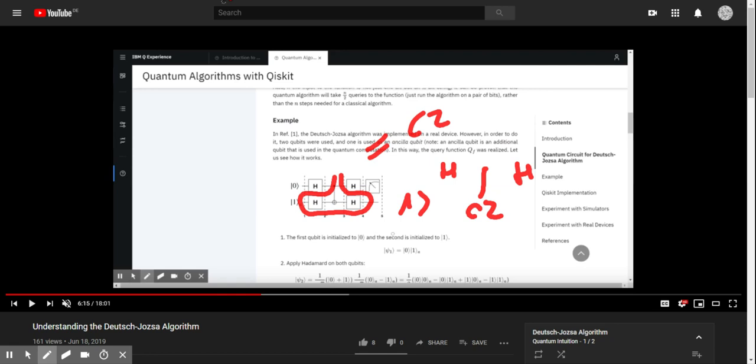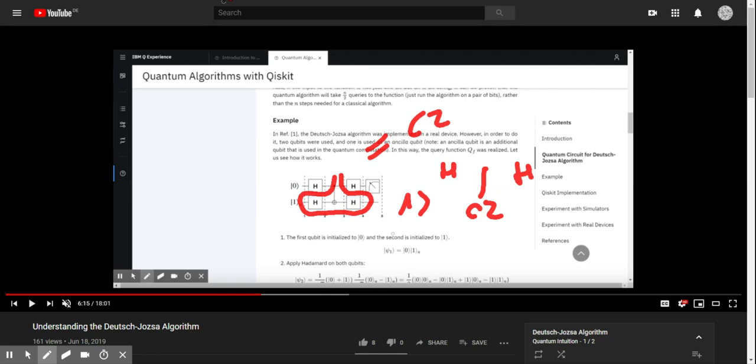So the function is either constant, so it outputs always zeros or always ones, or balanced, right? Was that the thing?